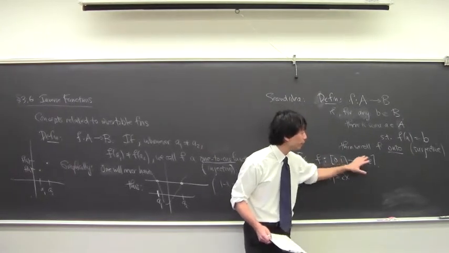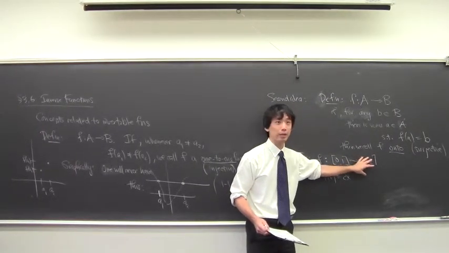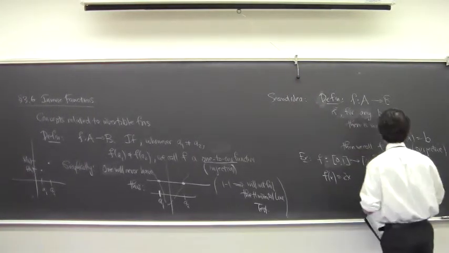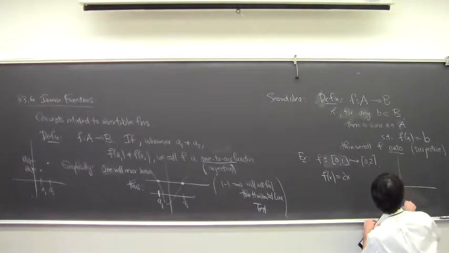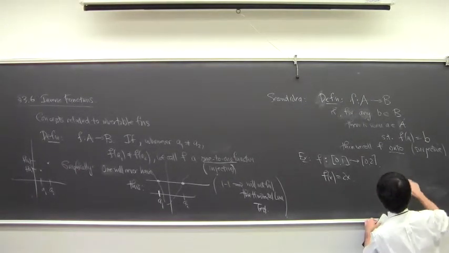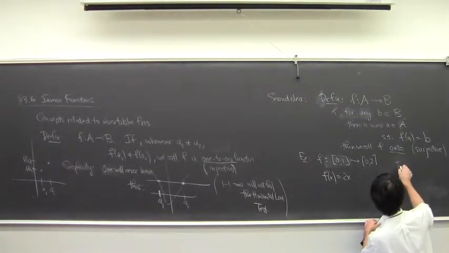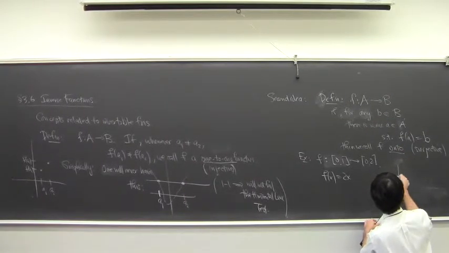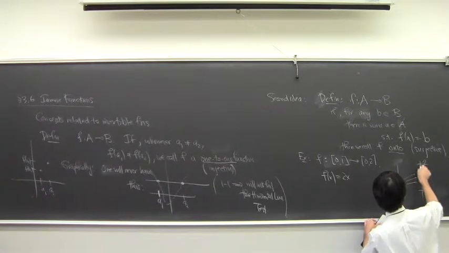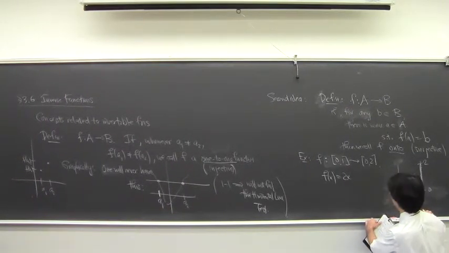Okay, and so we cover the entire range here. So the picture is like this. We have 0, 1. Over here we have 0, 2, and basically we cover the whole range.